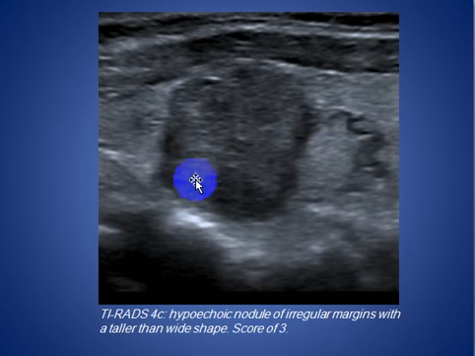And this is another nodule, hypoechoic, irregular in outline, with AP diameter more than the transverse diameter, with score 3.